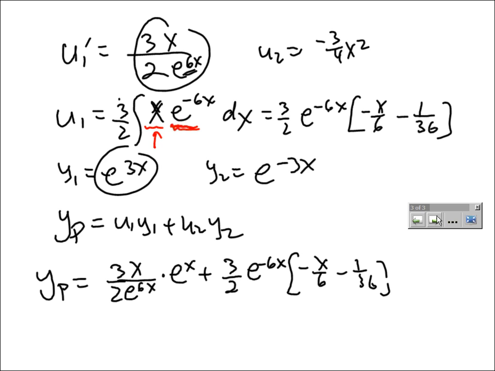In fact, I'm going to factor out that minus sign. So now these are both pluses. So that's plus u2, and now I multiply this by y sub 2, e to the negative 3x.